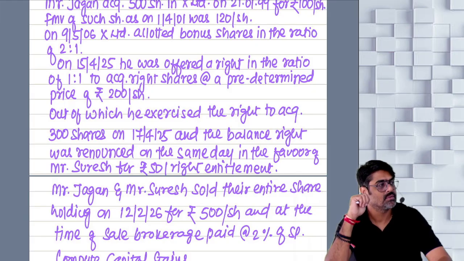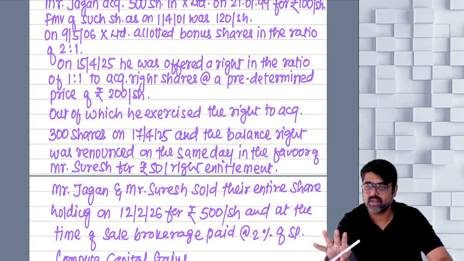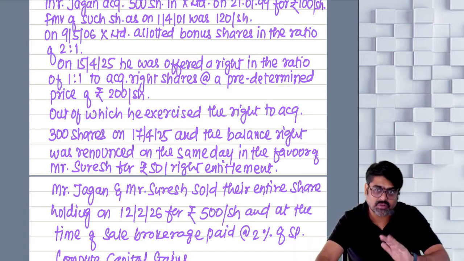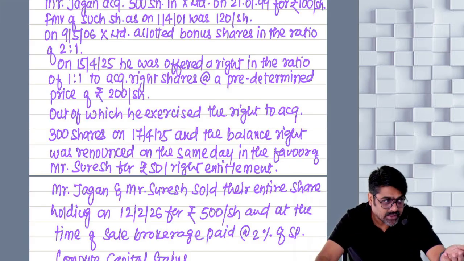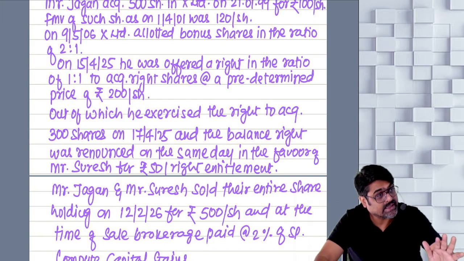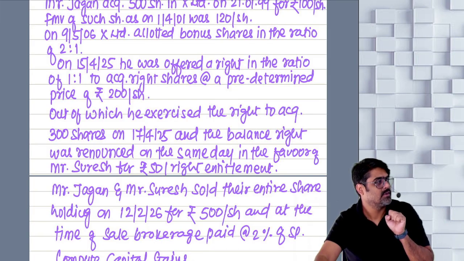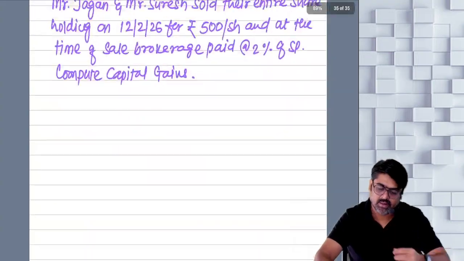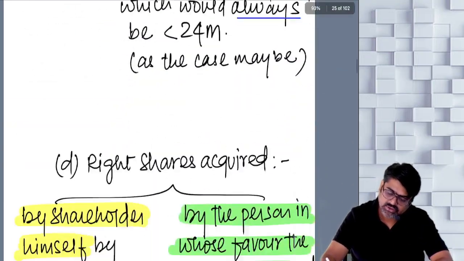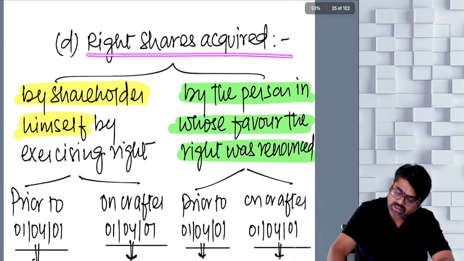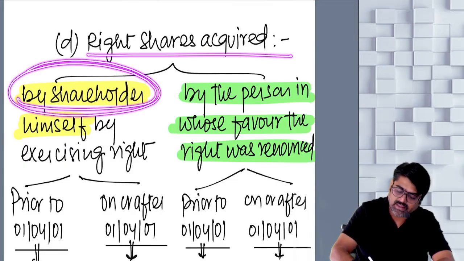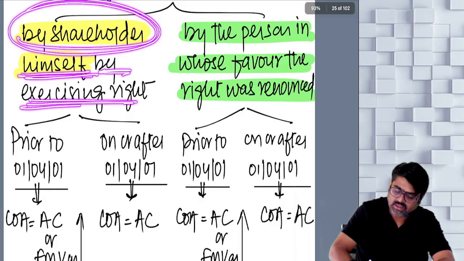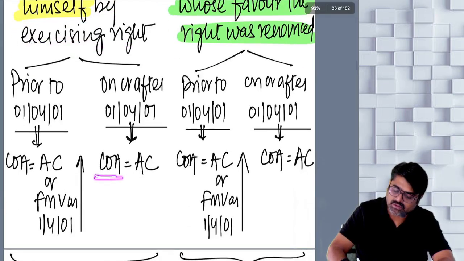Actual cost. Understanding? But tell me, what will be the actual cost in your hands? The amount which you pay to the company at the time of exercising the right to buy the right shares. So the amount actually paid by the shareholder. So if the right shares are acquired by the shareholder himself by exercising the right, what will be the cost of acquisition?